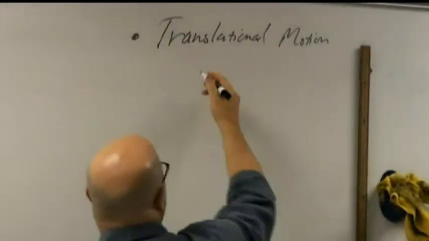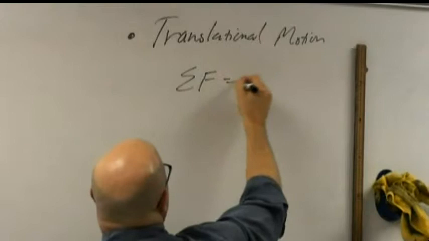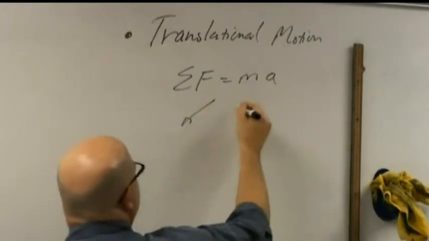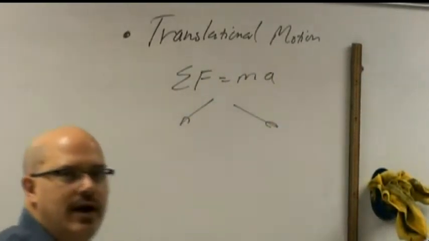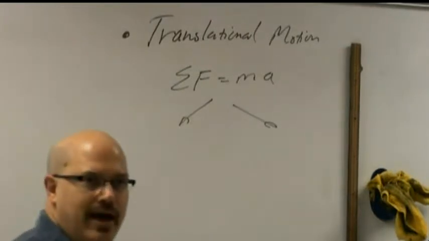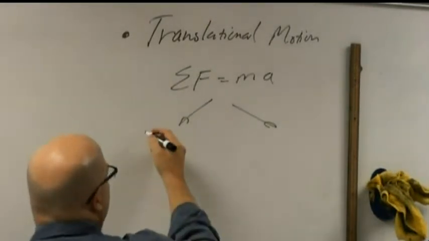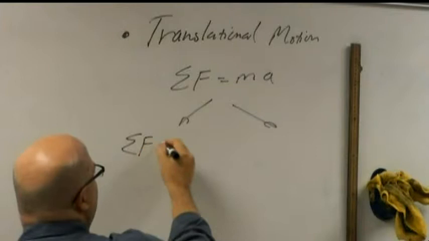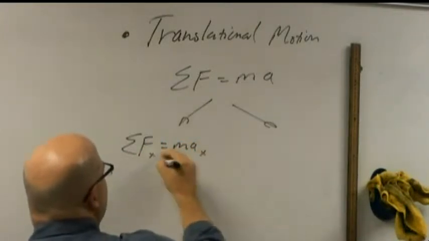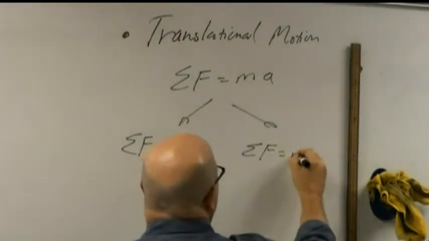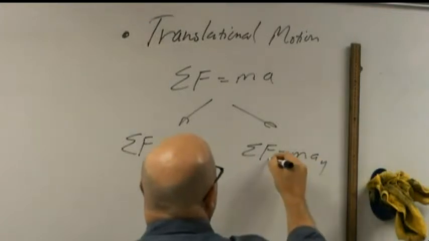And then we also have F equals ma, which we split into two perpendicular directions so that mathematically we can handle it with algebra. Normally we split it up this way: F equals ma in the x direction, and F equals ma in the y direction.